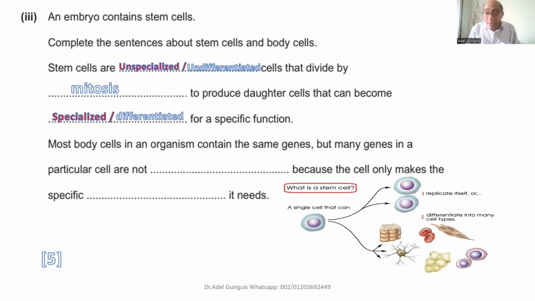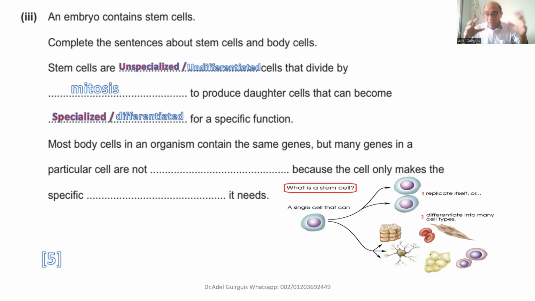Like what? Here, single cells like cells of the embryo are undifferentiated. Maybe its fate, its future. Stem cells are able to replicate themselves.